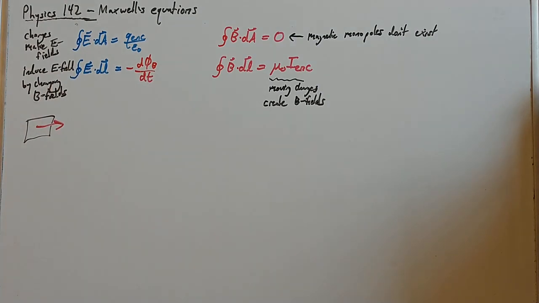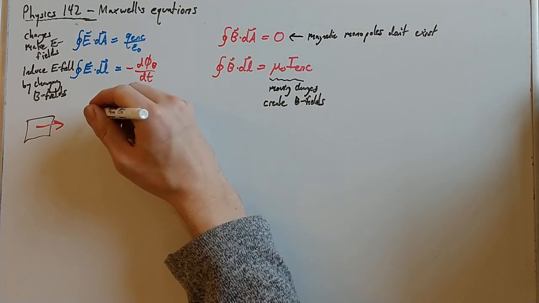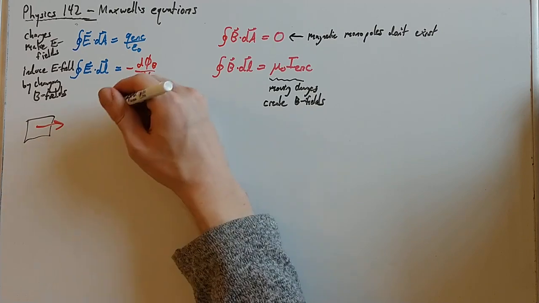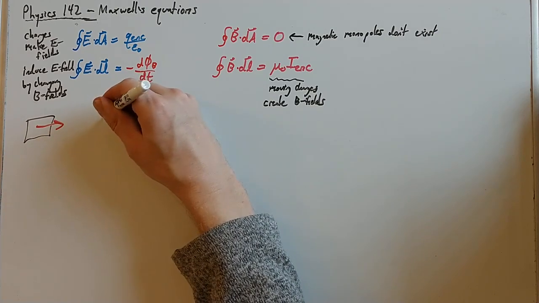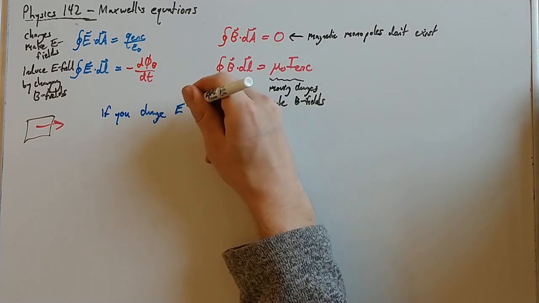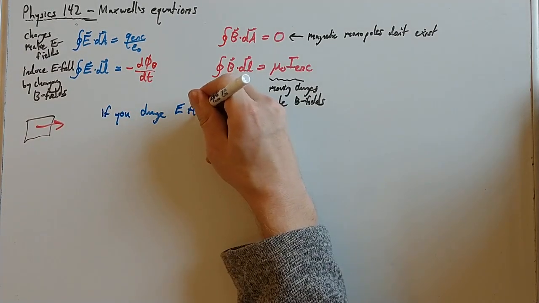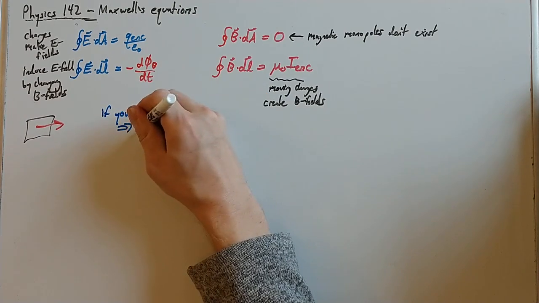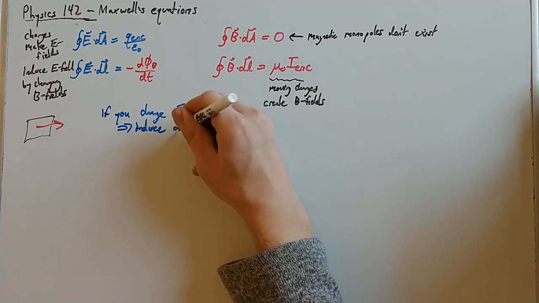Well, the answer to that ends up being yes. It ends up being true that if you change electric flux, then you induce a B field.